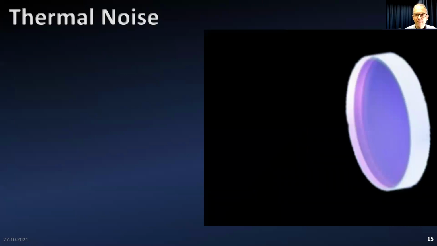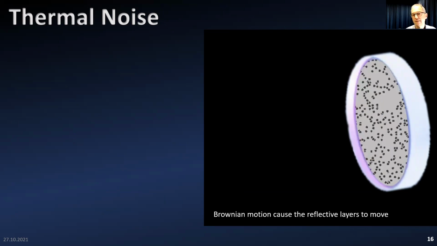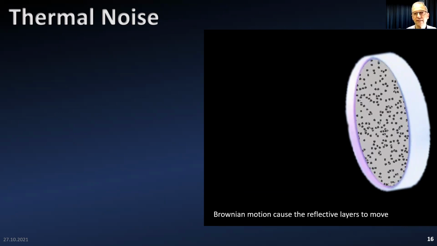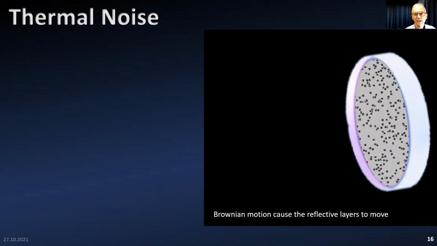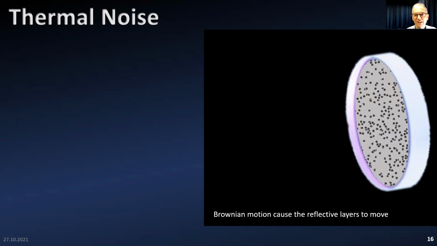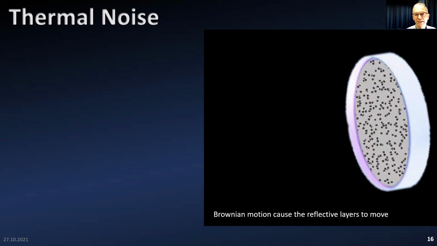Okay, but on the low end, there is another problem, and this is called the thermal noise. And I want to show you what we do about that. So thermal noise, you know, thermal heat means that the objects are statistically moving. If you would take a microscope which is good enough to see atoms on the surface of the mirror, you could see that all those atoms are moving around erratically.